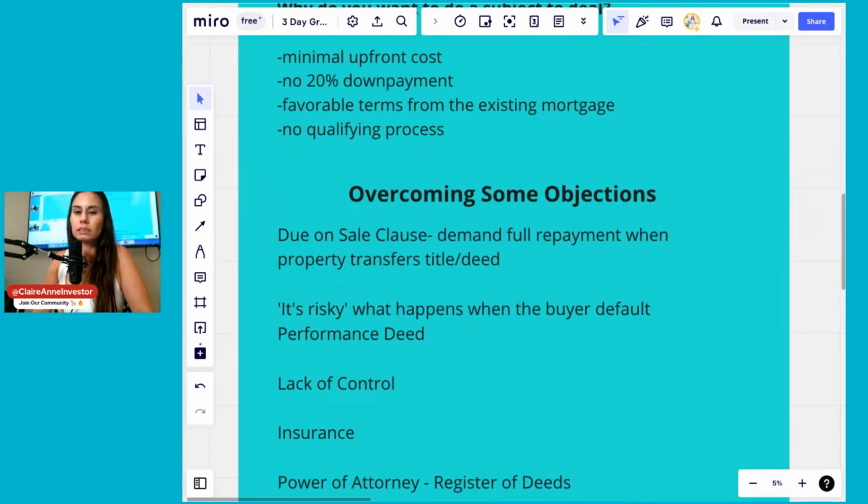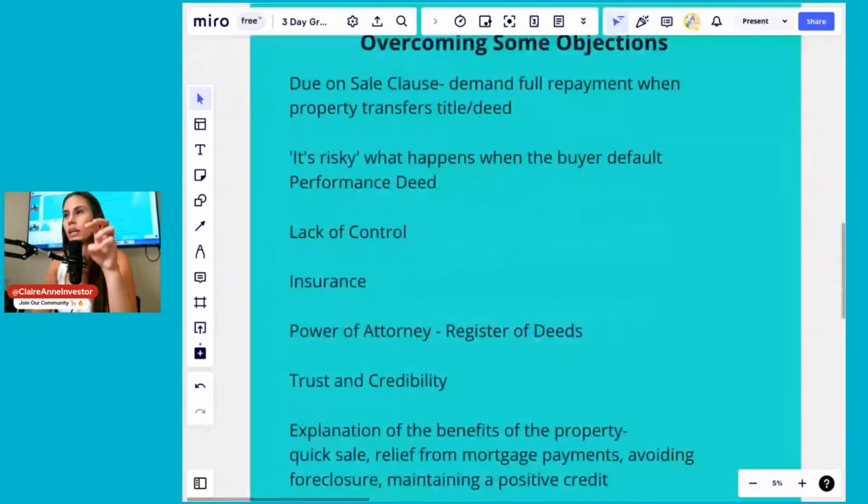The other thing is, you do need to get a power of attorney from the seller for that specific property, because you need to be able to talk to the mortgage company on behalf of the seller, so you are directly in line with the mortgage company. Real estate agents know that with the third party authorization, you can get that form, or you can get an actual power of attorney form.